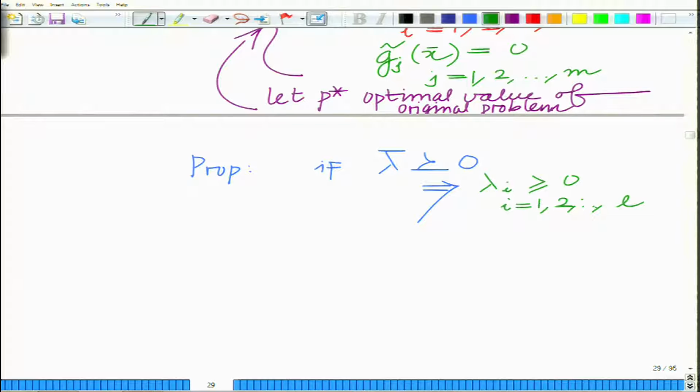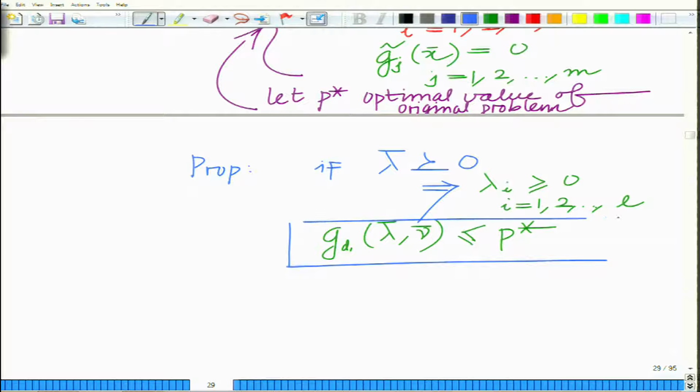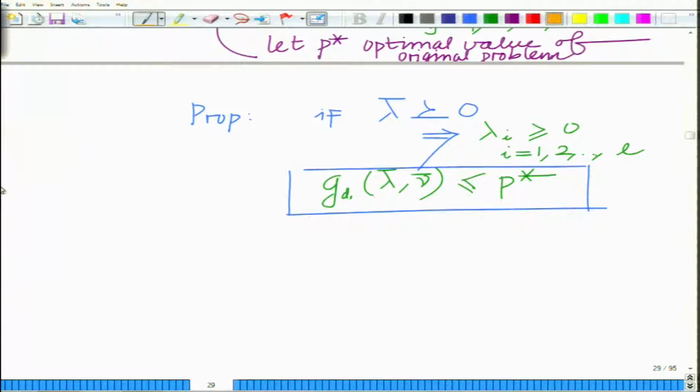Now, if each lambda is greater than or equal to 0, then the dual, that is g_D of lambda bar nu bar, is always less than or equal to P star, which is the optimal value of the original optimization problem, and this is a very important property.